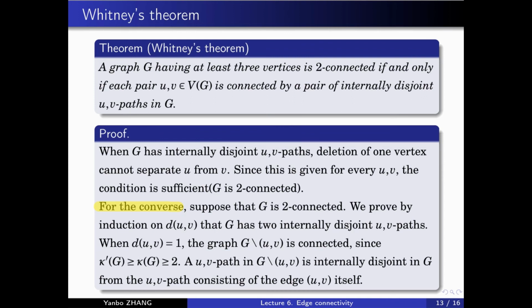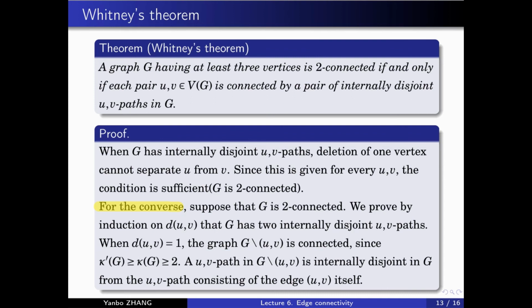When d(u,v) equals 1, this means u and v are adjacent. uv is an edge of G. Because the connectivity κ(G) is greater than or equal to 2, after deleting the edge uv, the graph G minus uv is still connected.